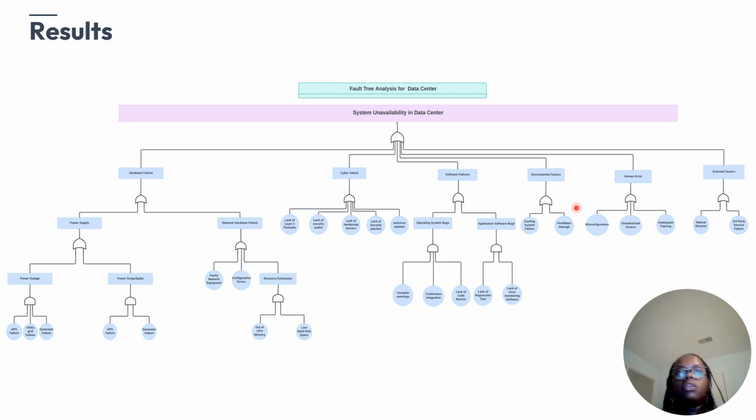The environmental factors were failures to the system, cooling system, and the fire and water damage. Resulting in the human error, the basic events were the misconfigurations that happened within the network, having unauthorized access to the data center, and inadequate training of the staff.